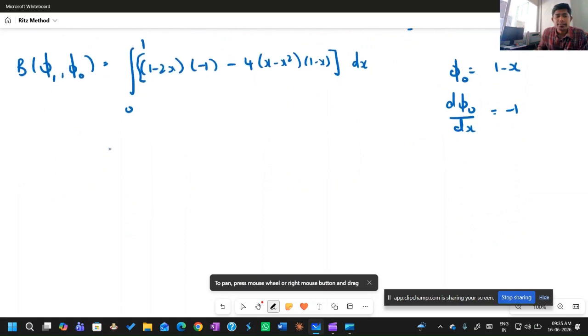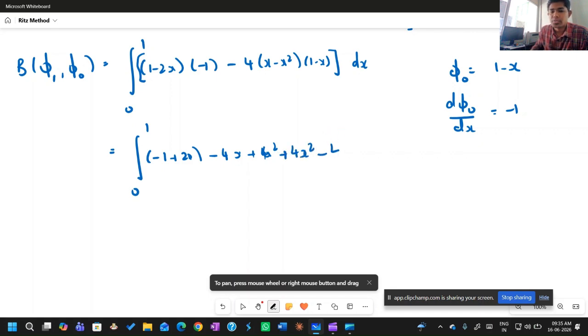we should be getting the integral from 0 to 1 of minus 1 plus 2x minus 4x plus 4x square, plus 4x square again, plus 4x square, minus 4x cube dx.